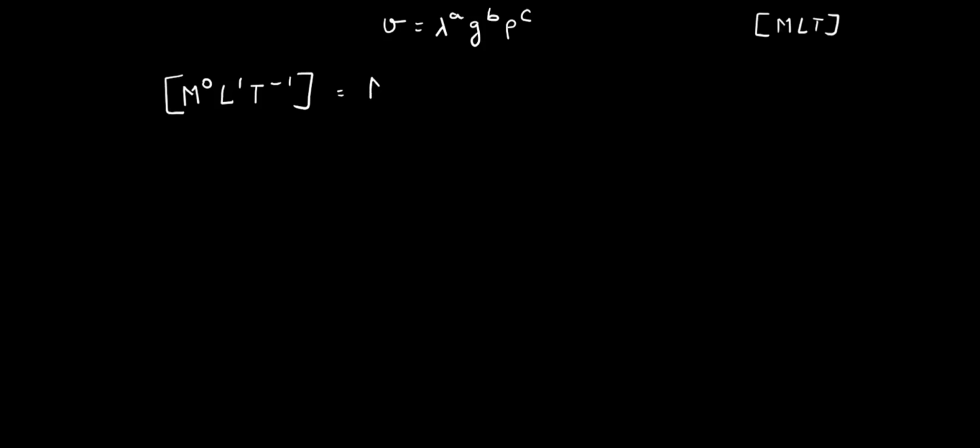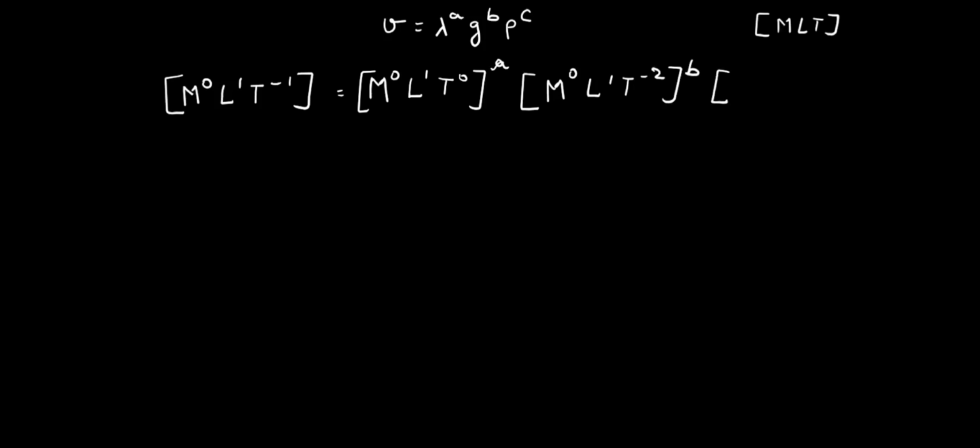which is equal to, for lambda, M power 0, L power 1, T power 0, the whole power A. For acceleration due to gravity, it is M power 0, L power 1, T power minus 2, the whole power B. For density, which is mass by volume, it is M power 1, L power minus 3, and T power 0.